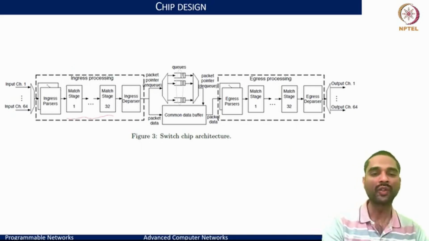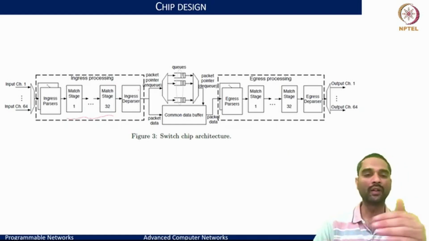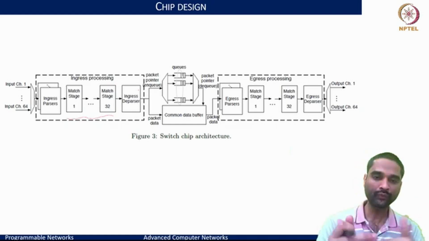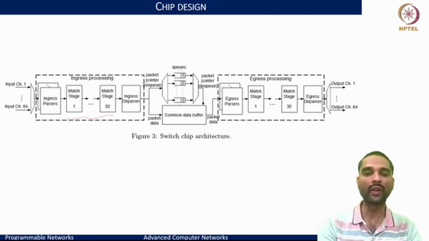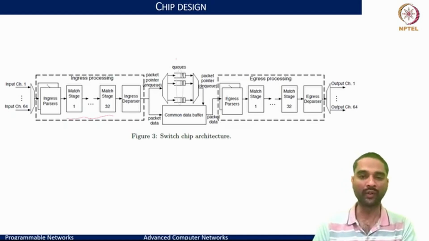And once the packets are processed and specific actions are being taken at each stage, you would deparse or basically reassemble the packet along with the content that it needs to process and enqueue it on any of the queues for further processing.